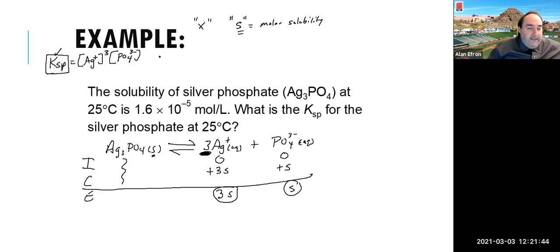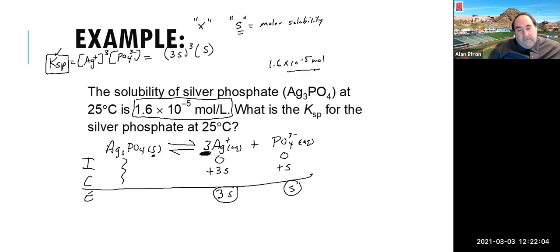So basically what we would do is, again, we would put these things in like 3S cubed, and this would be S. They didn't really give us a KSP, but they did give us this number, which is 1.6 times 10 to the minus 5 moles per liter. That is molarity. That is the molar solubility.